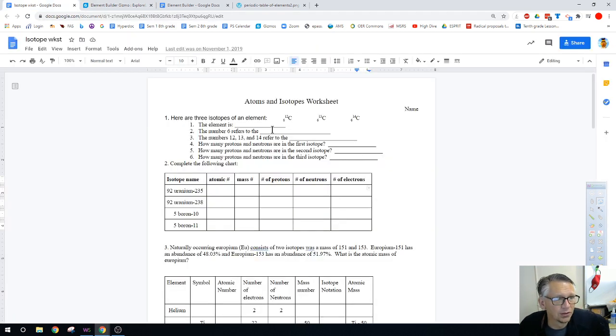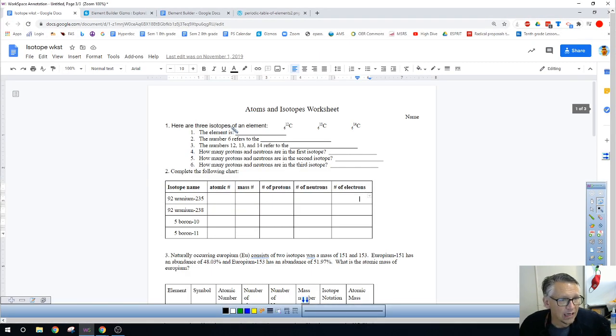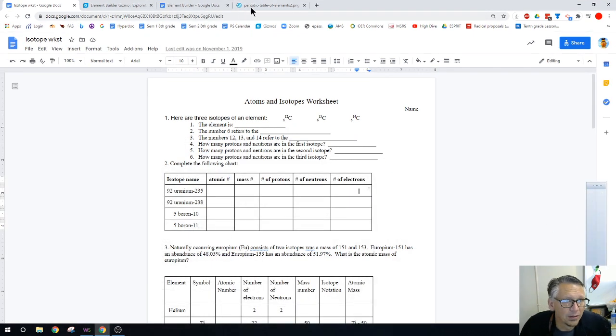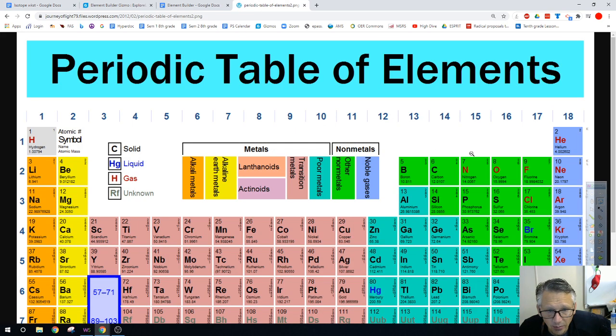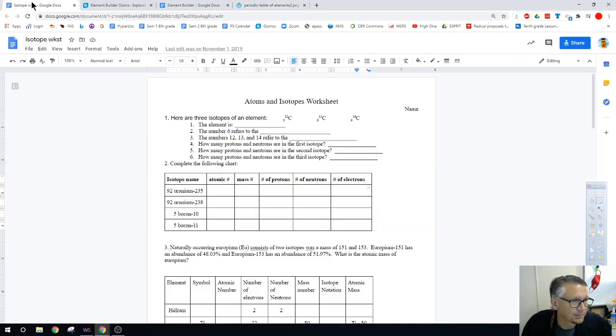Getting back to why we started, here are three isotopes of an element, and this is carbon. On the periodic table, carbon should be carbon-12. So carbon should have 6 protons, 6 electrons, and 12 minus 6, 6 neutrons.